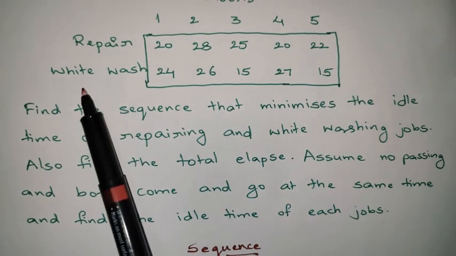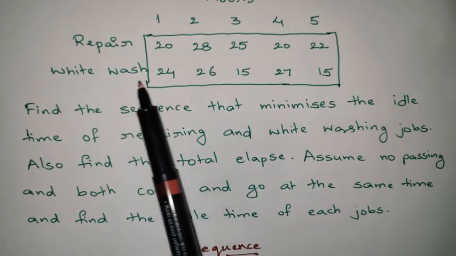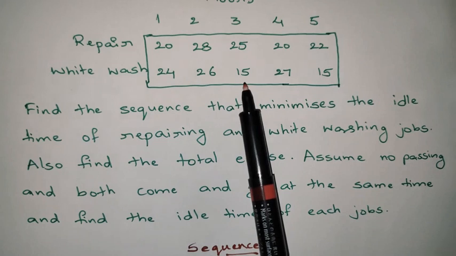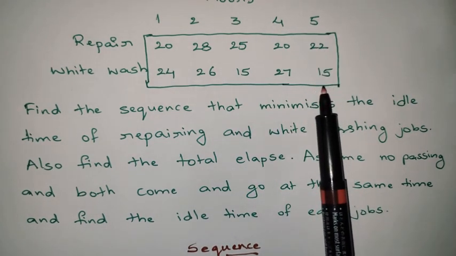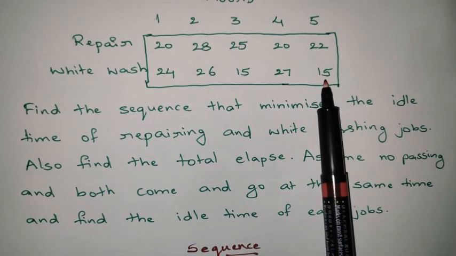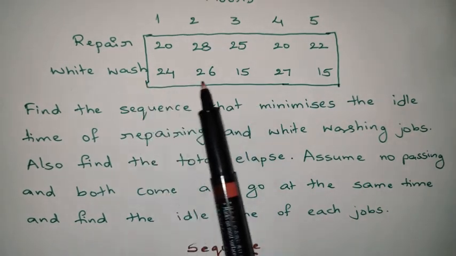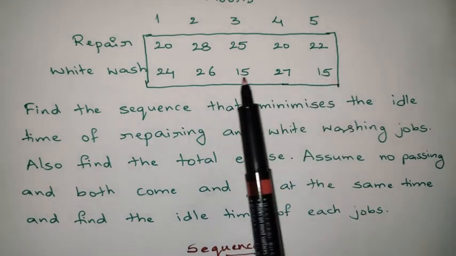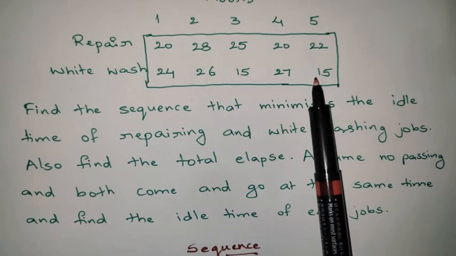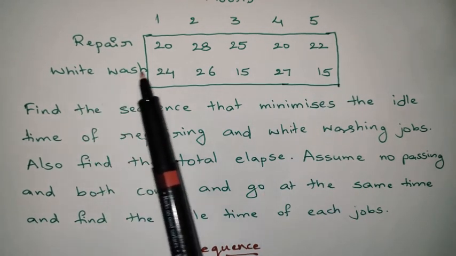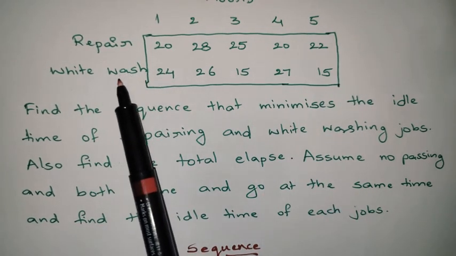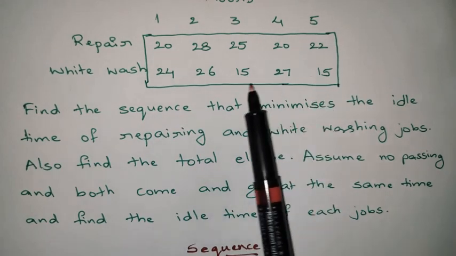For the second process, whitewashing, the third floor has 15 hours and the fifth floor also has 15 hours. So the value is the same in the same process, which means there is a tie in the same series of process.